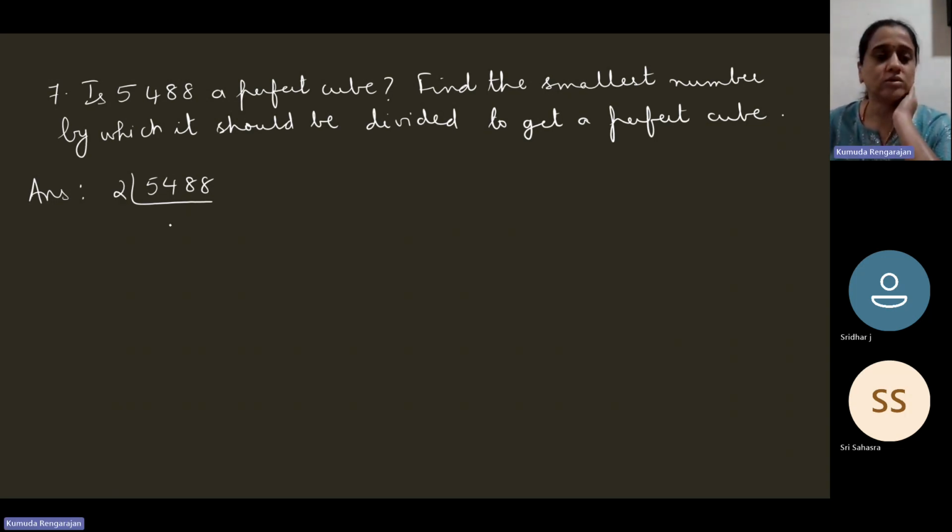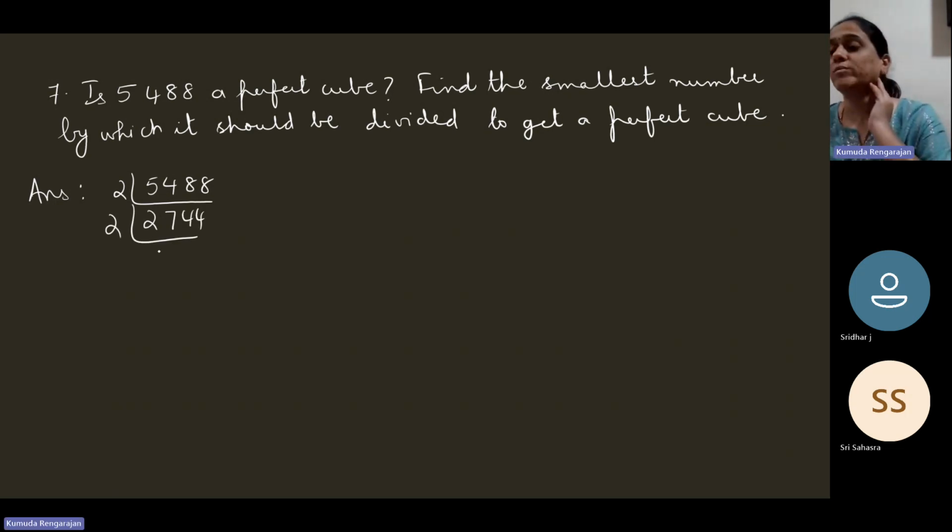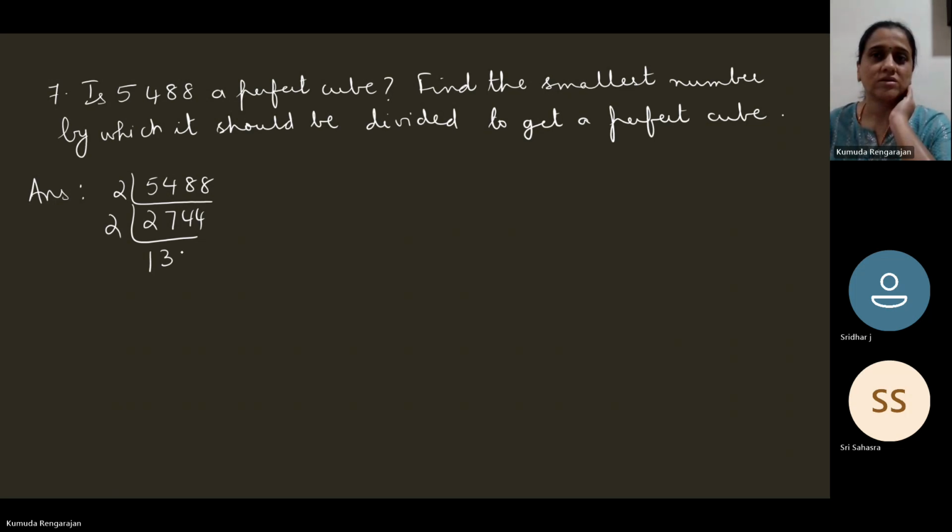Okay, so 2 2s are 4, 2 7s are 14, 4, 4, 2. Have you performed this division? No? Then 2 1s are 2, 2 3s are 6, 2 7s are 14, 2. And again 2.